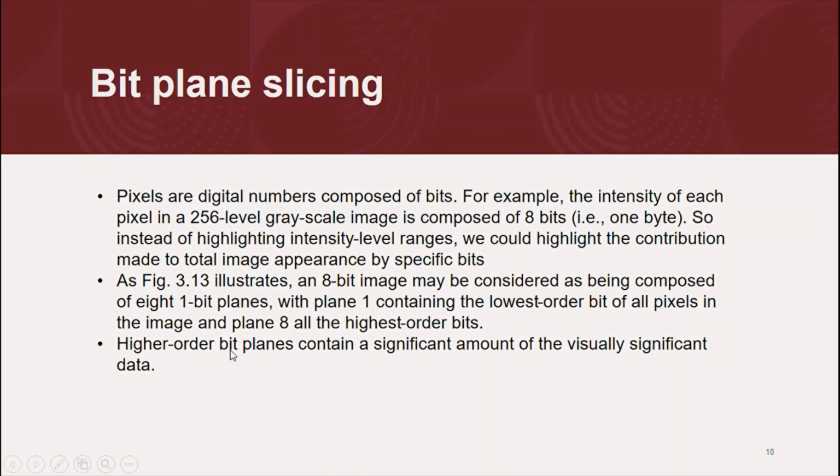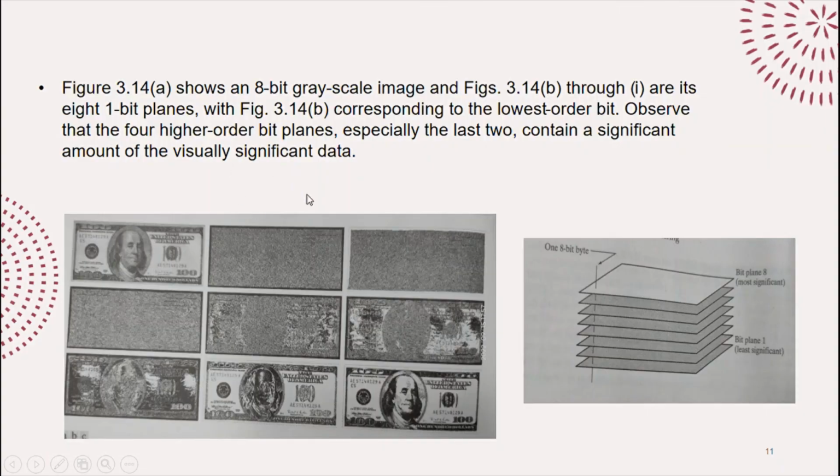Higher order bit planes contain a significant amount of visually significant data. In the figure we can see that the image is composed of 8 bit planes, where bit plane 8 is the most significant bit plane and bit plane 1 is the least significant, and we can recreate the original image by using the most significant bit planes.